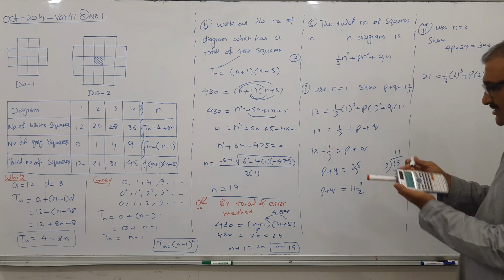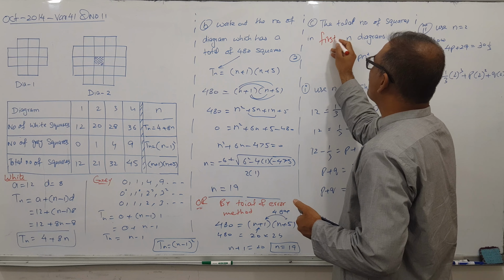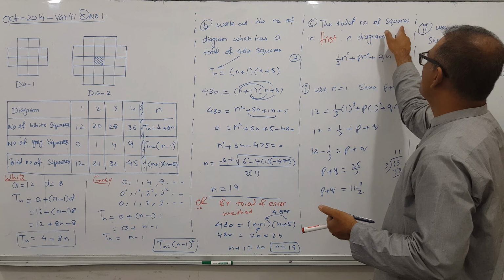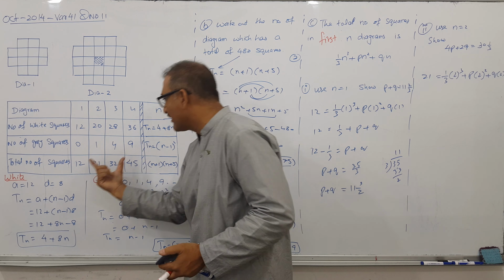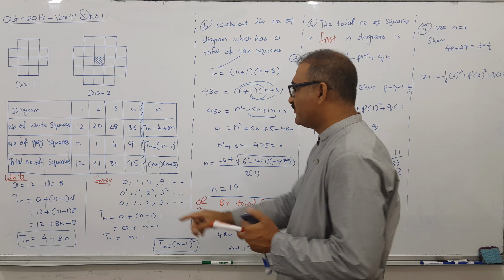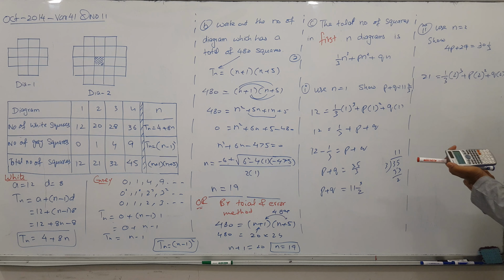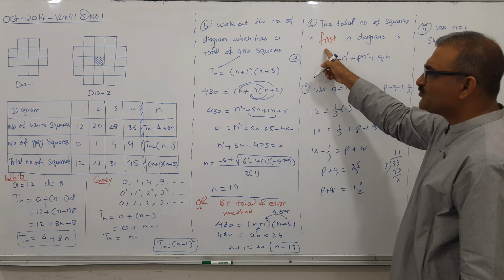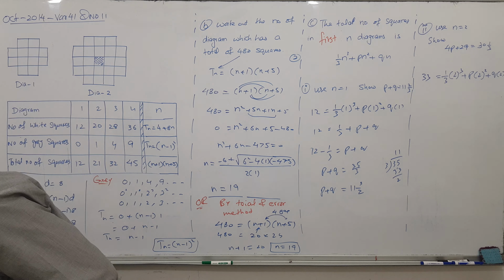But if the word first comes, which is actually a part of the question, let's read now: total number of squares in first 2 diagrams. First 2 diagrams means add them. So 12 plus 21 becomes 33. So 21 is wrong, we have to put here 33. It means with the word first we have to add. Without the word first we should not add at all.